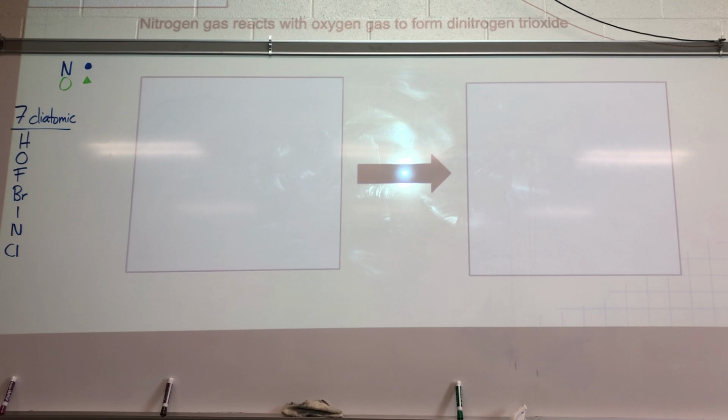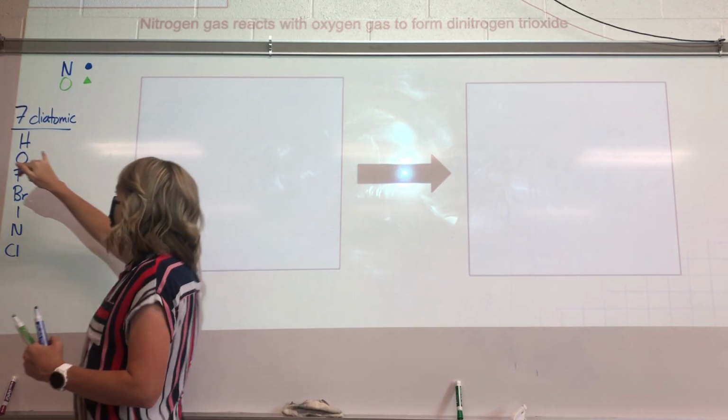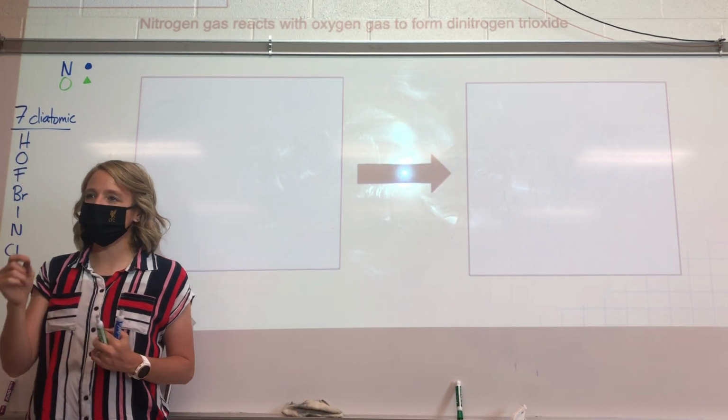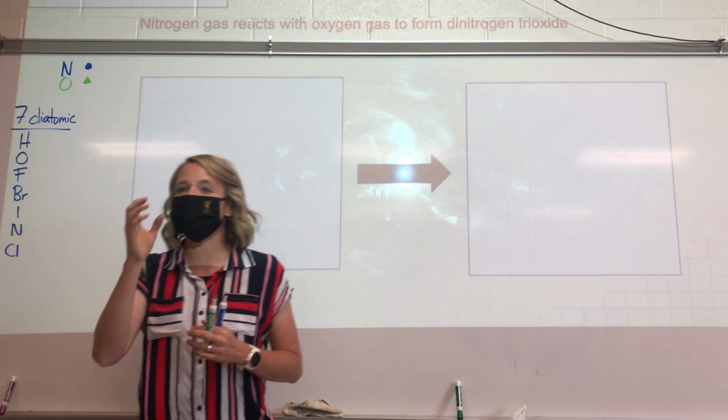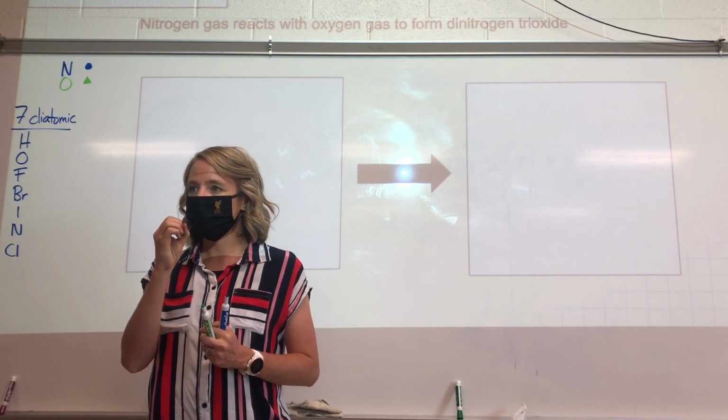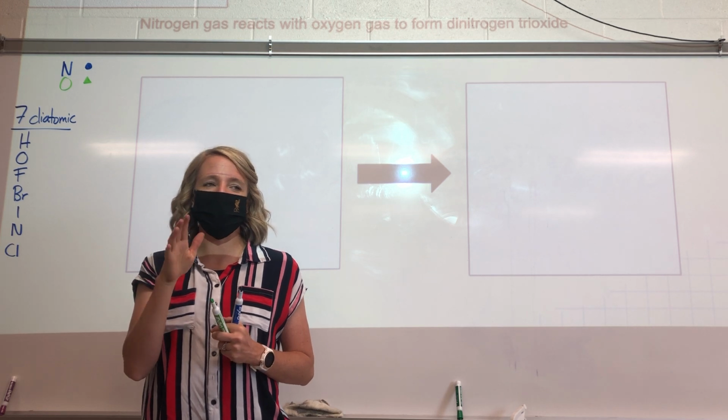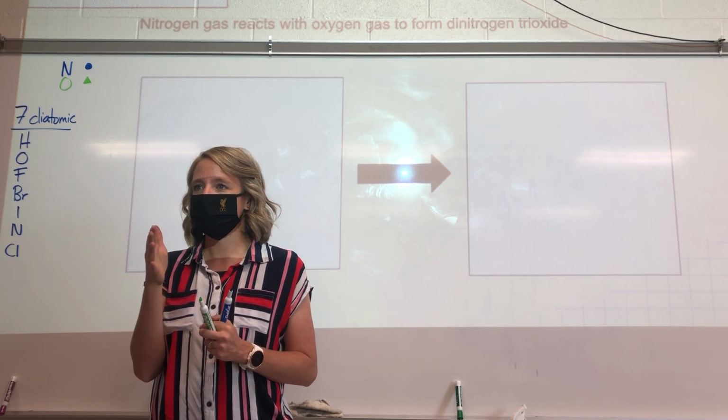Does anyone know what the prefix di means? Yeah, I saw your hand. So it means 2. These 7 elements are unique in the sense that they do not exist in the universe as ever a single atom. Think of them as that friend who can't handle being alone.